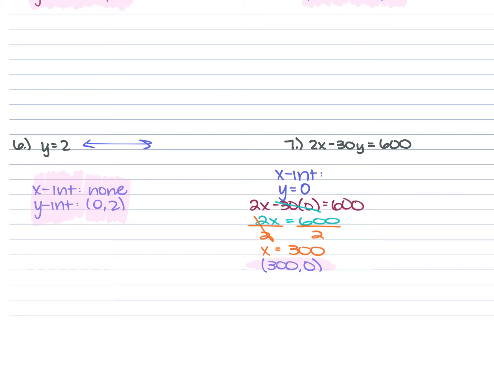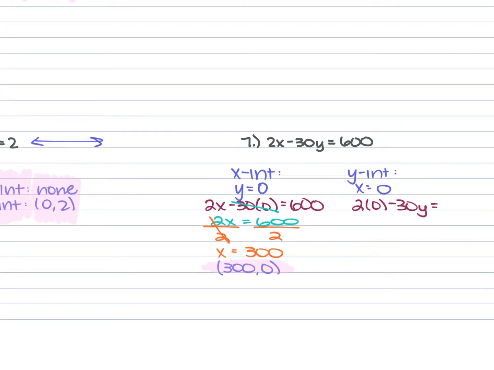To find your y-intercept, you are going to plug in 0 for what? X. Wait, what number? Remember, it's 7. We're just finding the x and y-intercepts. Okay. For this one, then, we're going to have 2 times 0 minus 30y is equal to 600.